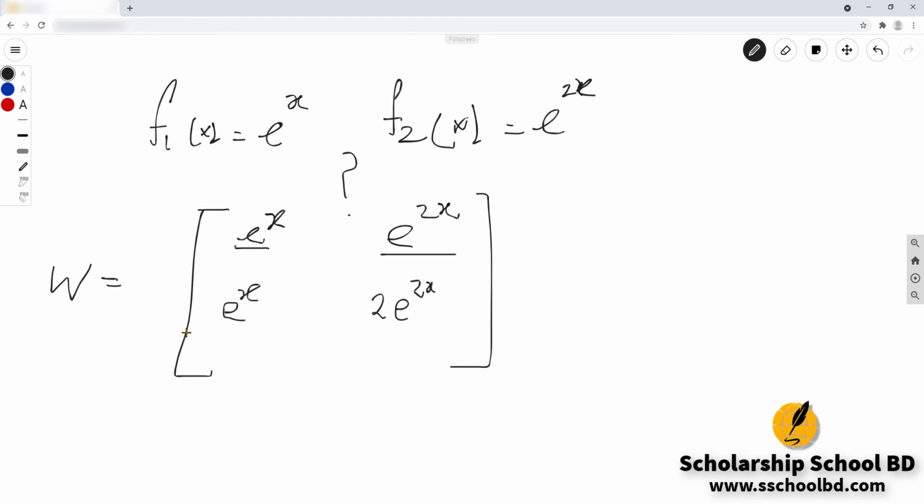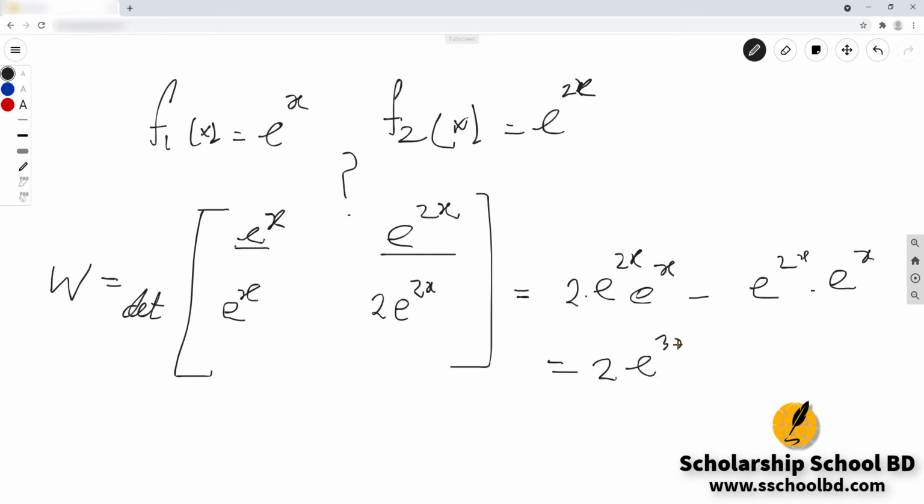And if you take the determinant of this Wronskian matrix, you simply cross multiply and you get 2 e to the power 3x minus e to the power 3x, which is equal to e to the power 3x.